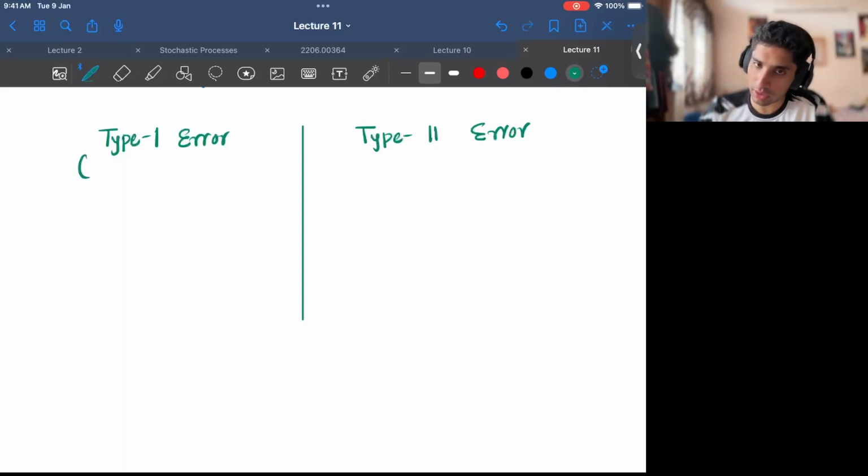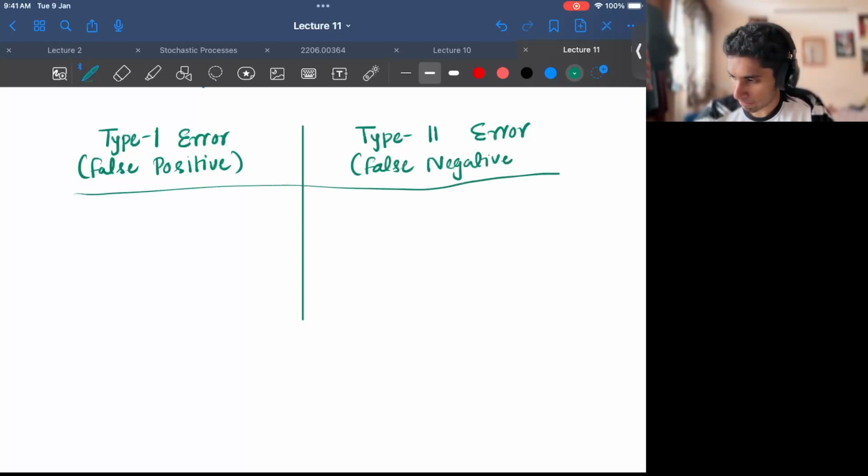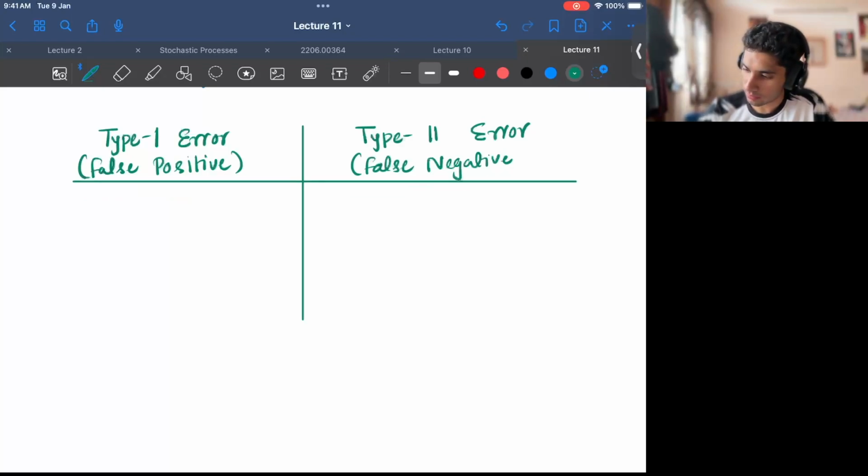Type 1 error is also called your false positive. Okay? And type 2 error is also called false negative. Okay. So what are these things?